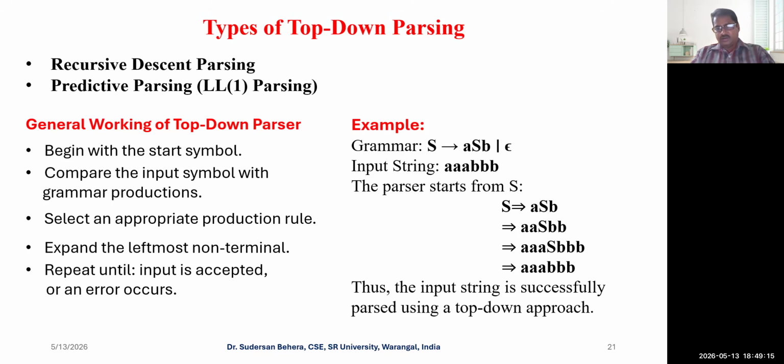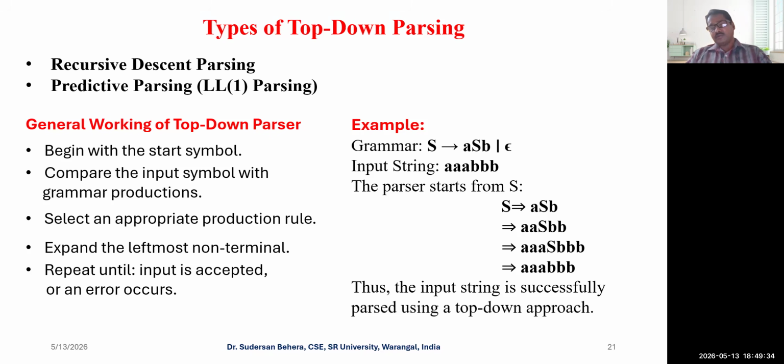Yes, it is possible. Why? Because in the grammar, S derives aSb, so S is a recursive non-terminal. It is not left recursive. It is a recursive non-terminal which can replace itself.